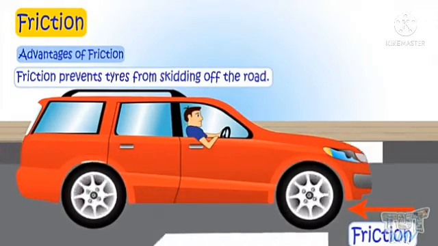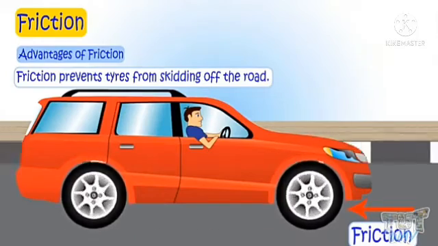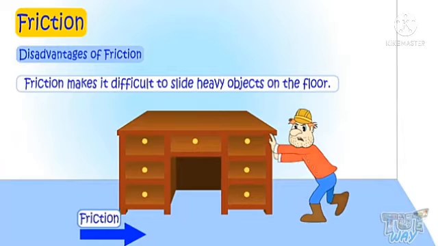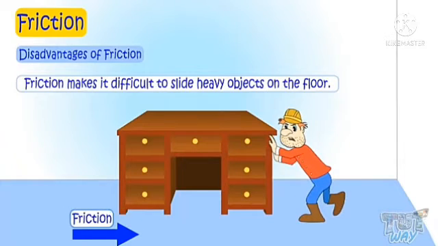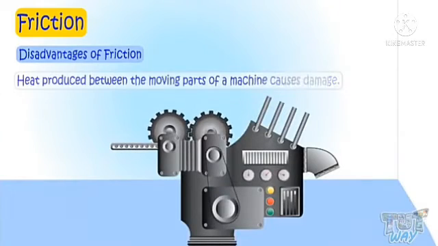It is time to look at some of the disadvantages of friction. Friction makes it difficult to slide heavy objects on the floor. Because the object is heavy, it's difficult to slide it on the floor.